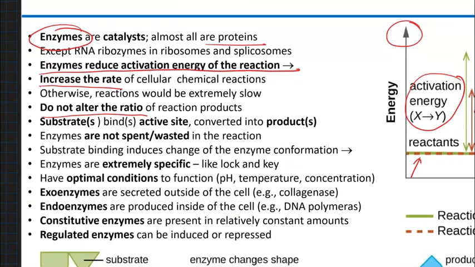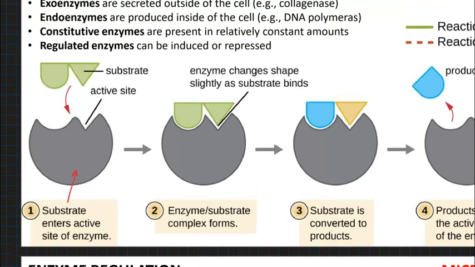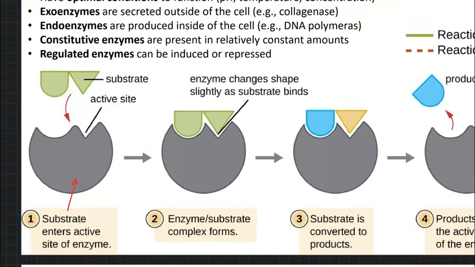So how does that work? The gray molecule is the enzyme, and the substrate, the chemical that enters the reaction, the reactant essentially, binds into the active site of the enzyme. So now you can see the complex between the enzyme and the substrate.